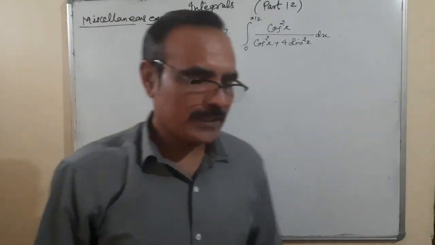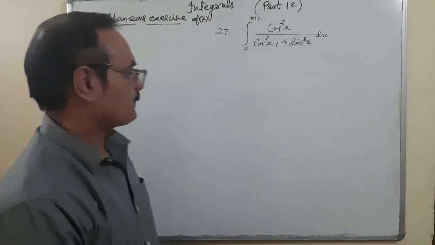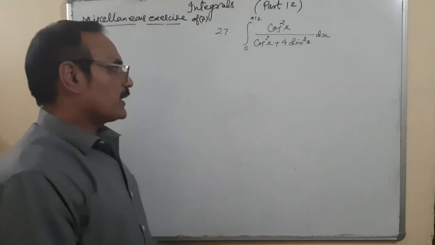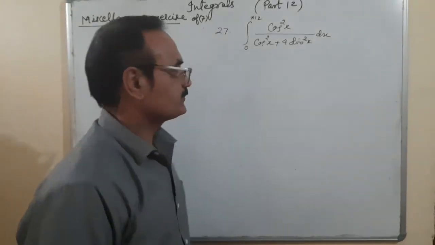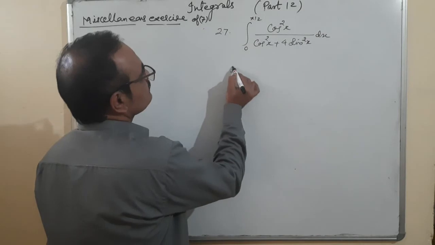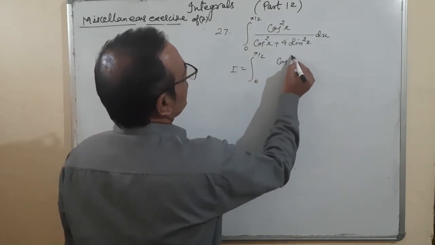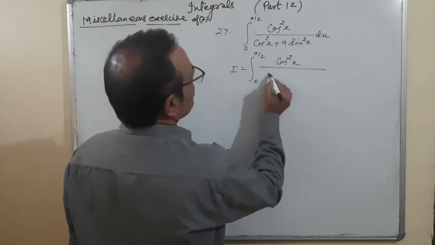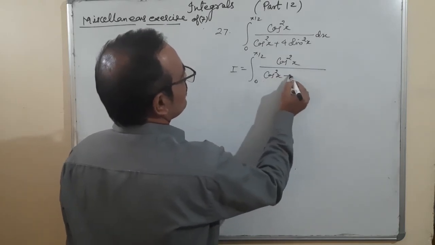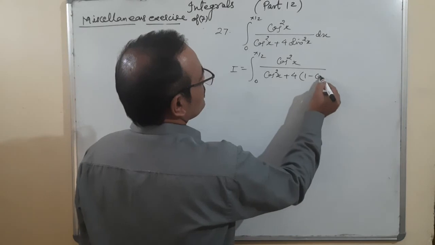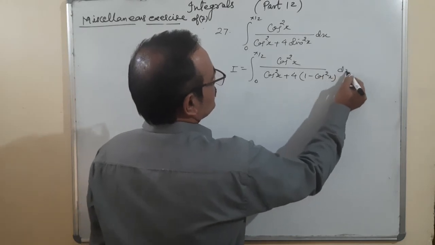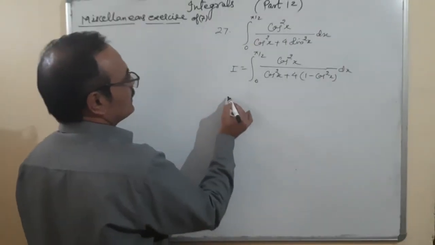Cos square x and sin square x are given, so it is better to convert everything in the form of cos. Integral from 0 to pi by 2 of cos square x upon cos square x plus 4 into 1 minus cos square x. Understood? Sin square x is equal to 1 minus cos square x.